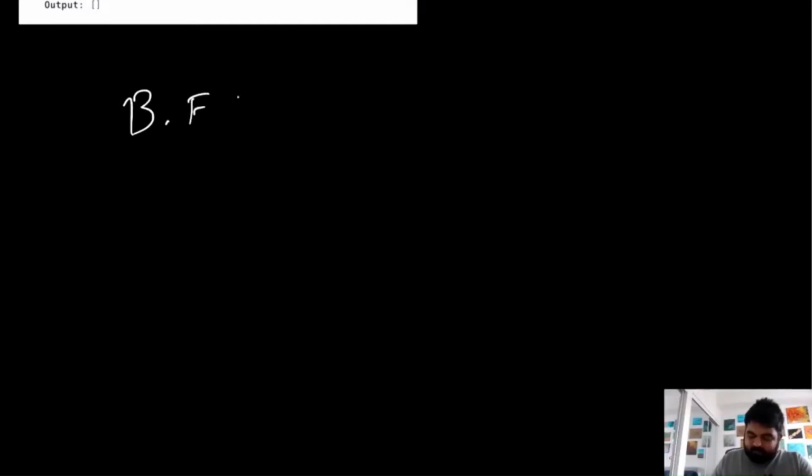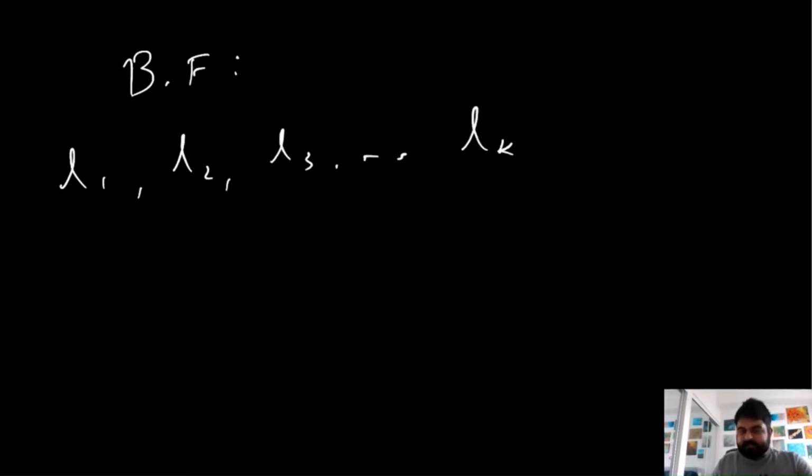Basically in the brute force, we are given a few distinct number of lists. So it could be list 1, list 2, list 3, all the way up to list k. These are the lists we are given in the input. What we can do is, whatever the number of nodes they have, we can take all of those nodes, combine them, and put them in a giant list. Let's just name it merge list.